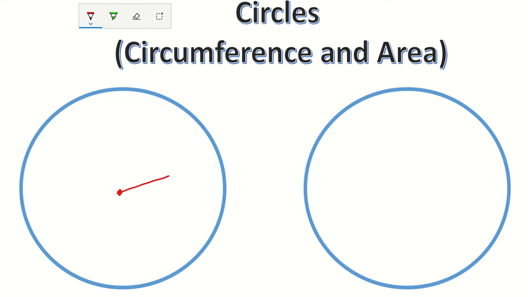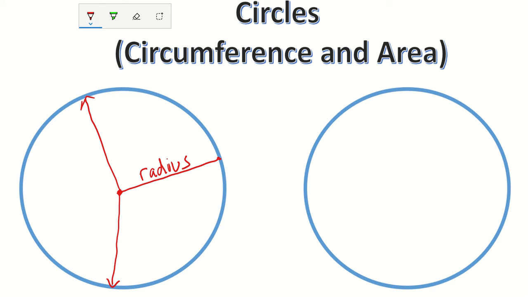All the way across, it doesn't matter where I am, if I go to the edge of the circle, it's going to be the same distance. This piece, from here to here, is called the radius.